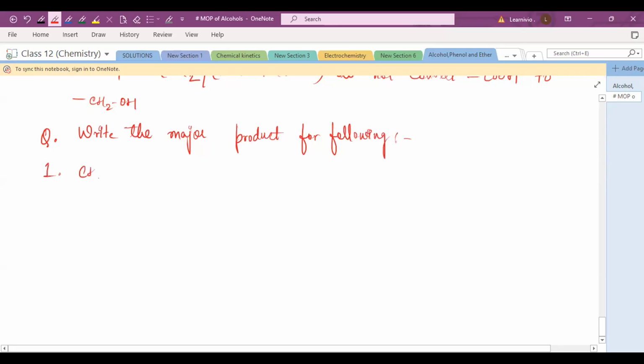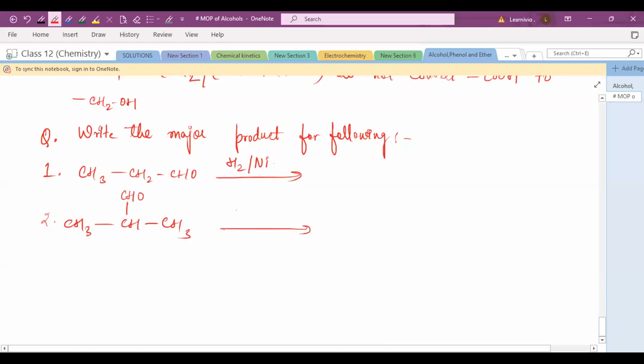CH3CH2 and this is CH2 in the presence of this. You have to write the major product. Second, CH3CHCH3 and here I'm attaching CH2 in the presence of lithium aluminum hydride.